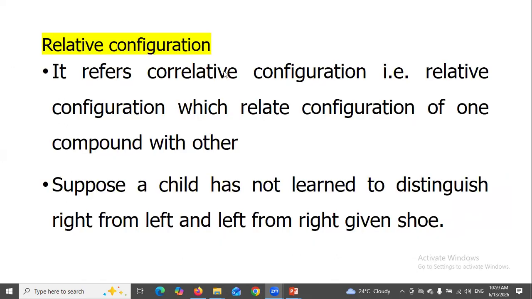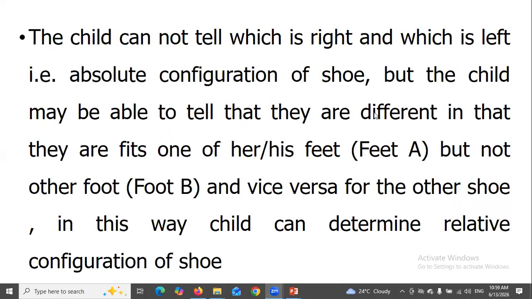Relative configuration refers to correlative configuration, which relates the configuration of one compound with another. Suppose a child has not learned to distinguish right from left and is given shoes. This child cannot tell which is right and which is left. That is the absolute configuration of the shoe.